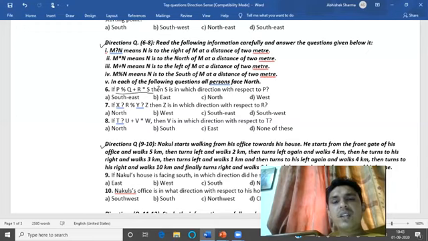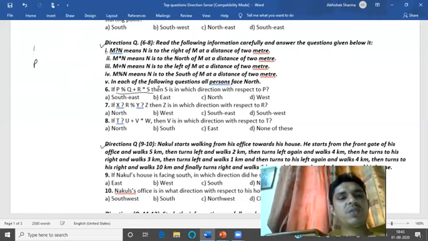So question number 6 is the equation you are watching here. S is in which direction with respect to P? So just make the arrangement. P percent Q. Percent means N is to the south of M at a distance of 2 meters. So simply P will be to the south of Q at 2 meter.